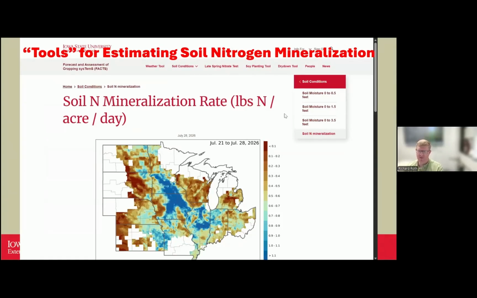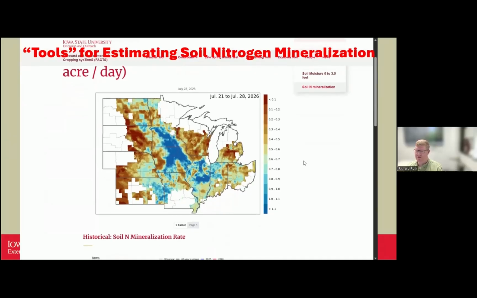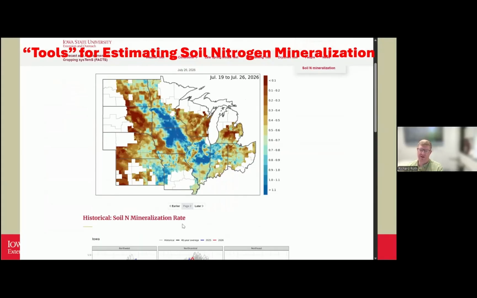This map is produced by Dr. Sotirios Arkantoulis. It's updated Sunday, Tuesday, and Thursday of each week. What it is showing is how many pounds of nitrogen are being mineralized per acre per day. And you can flip back and forth through historical maps that exist.